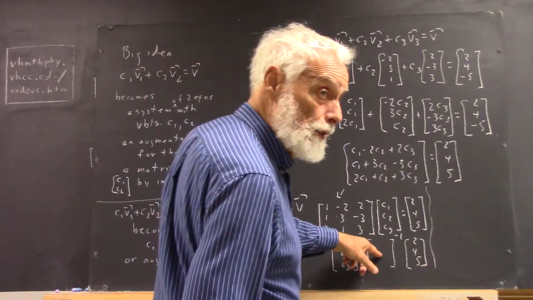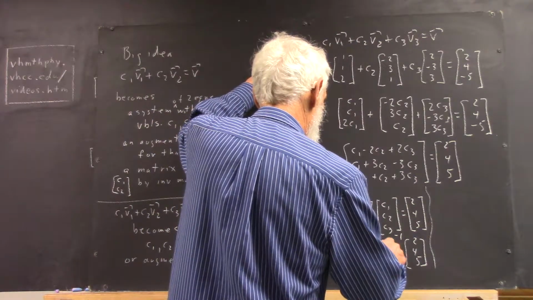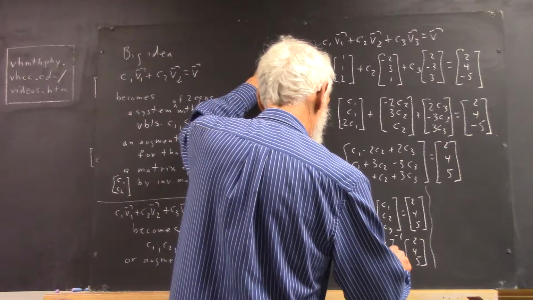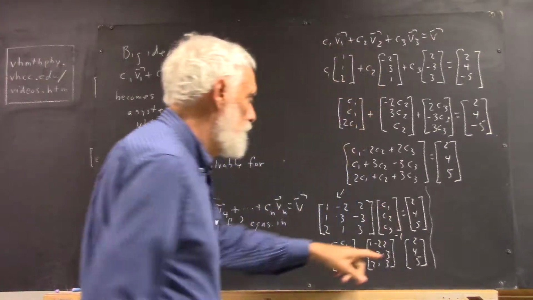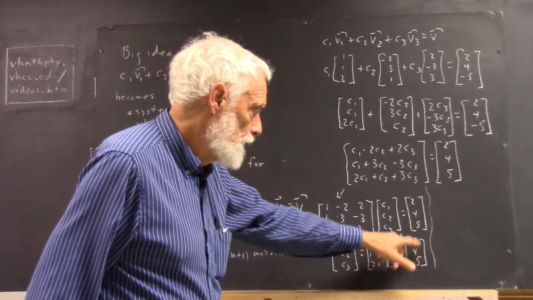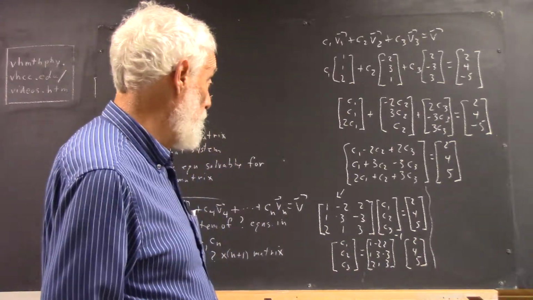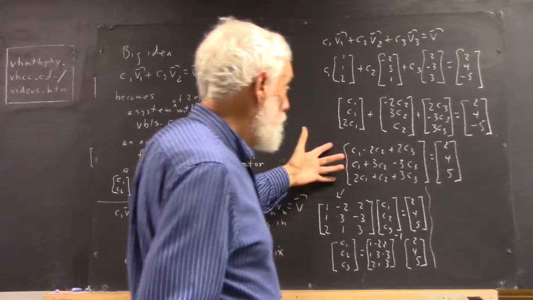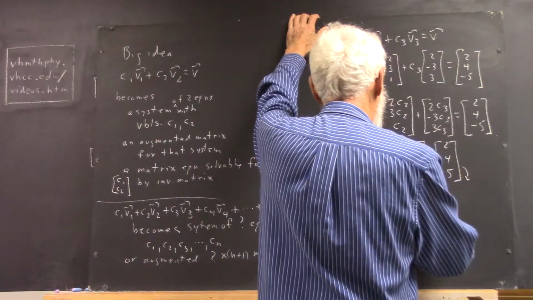Now you don't know how to get the inverse of this matrix, but you will soon. So let's just put it right: 1, negative 2, 2, 1, 3, negative 3, 2, 1, 3, inverse. You calculate the inverse of this, we can multiply it by this and get our values of C1, C2, and C3.